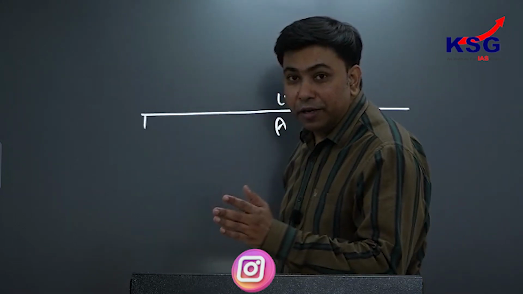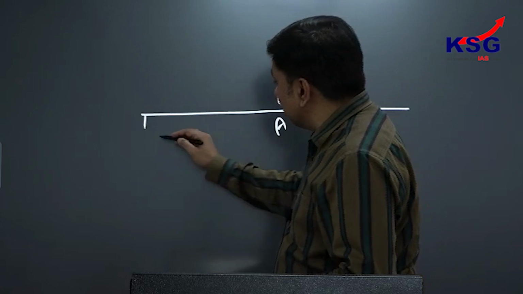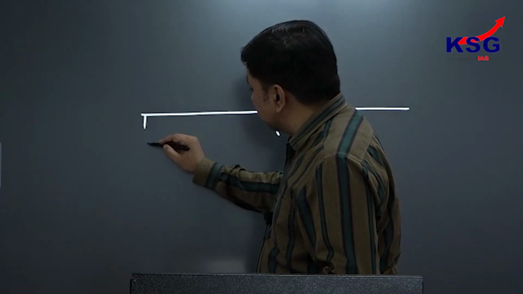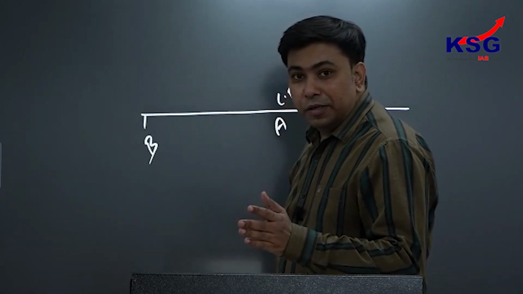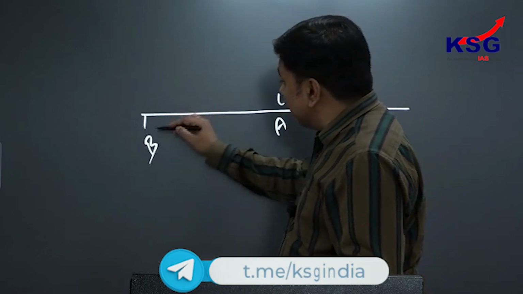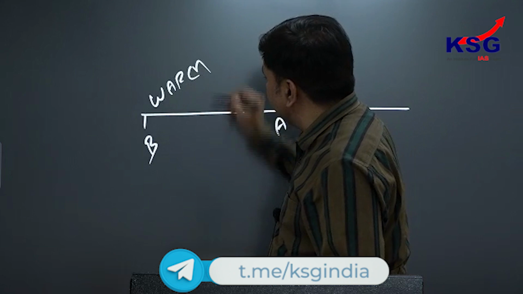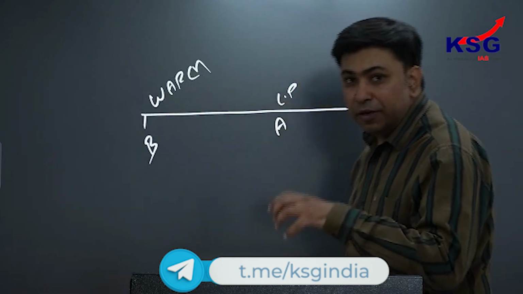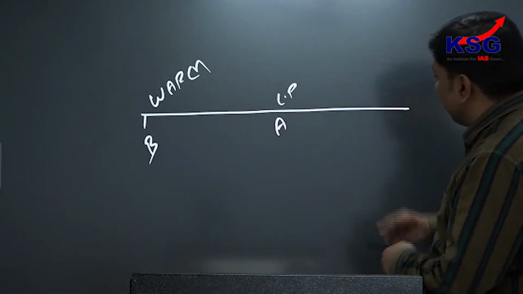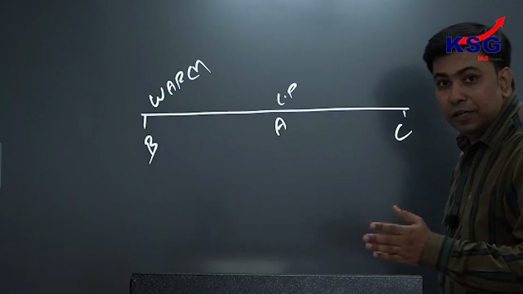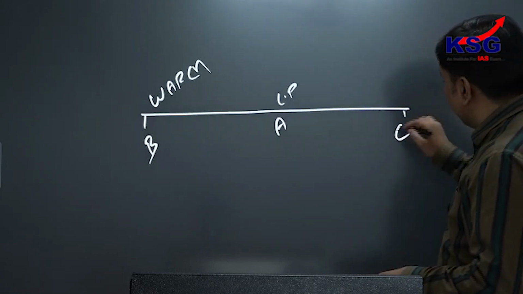Presume that it is of course B. Agree? But this particular area carries relatively warm air. Similarly, when I take the reference of one more area, that is C, presume, this particular area carries cold air.